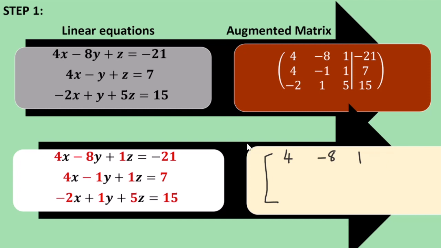We would separate the left hand side from the right hand side with a vertical bar. We have minus 21. 4, minus 1, 1, 7. Minus 2, 1, 5, and 15.